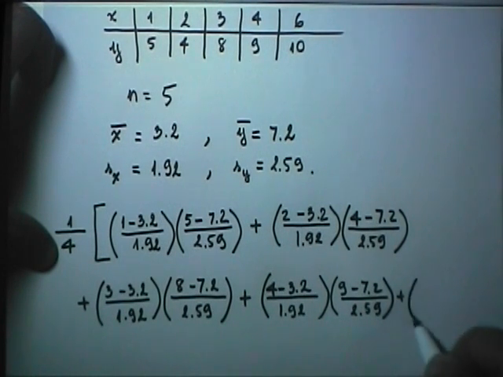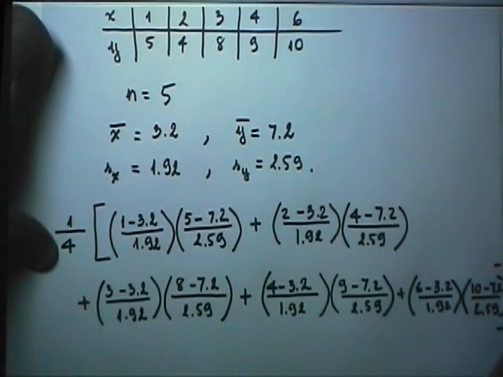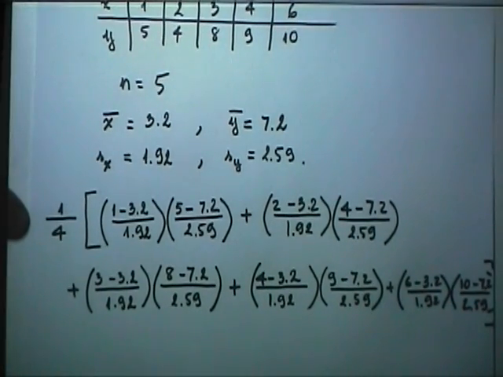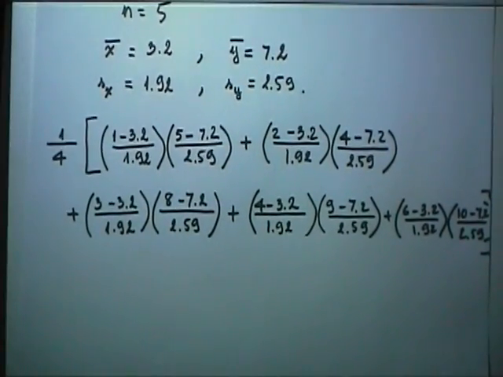And the last item I'm going to have is 6 minus 3.2 divided by 1.92, times 10 minus 7.2 divided by 2.59. I'm running out of a little space here, but that's how I'm done with all of that. And that's how you set up your way to find the correlation coefficient.